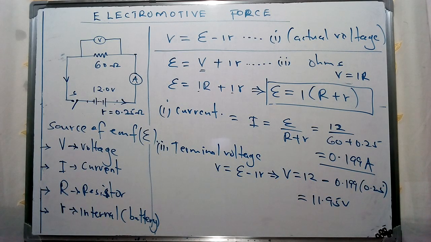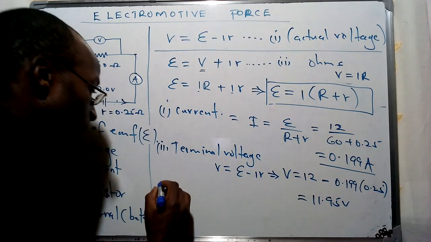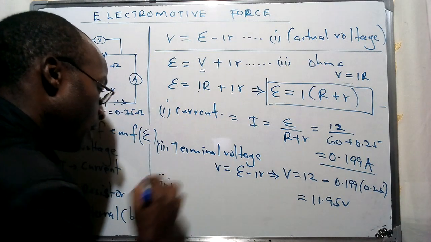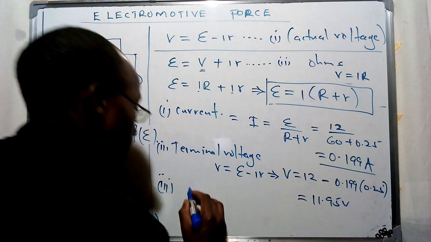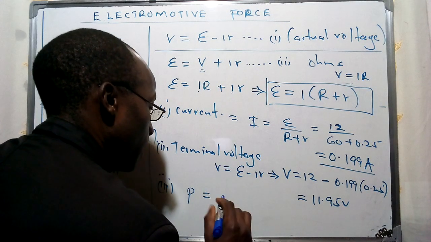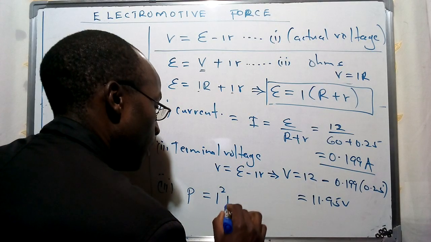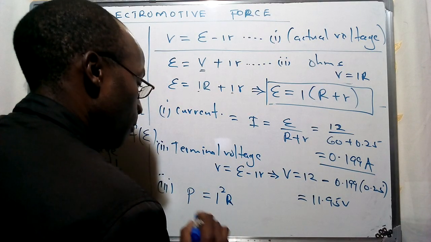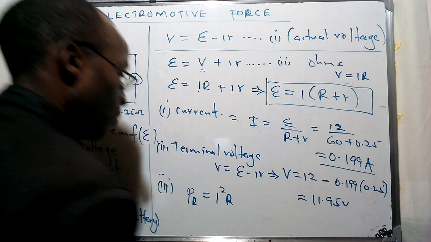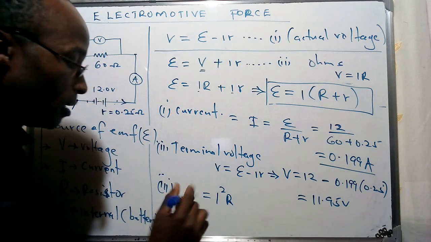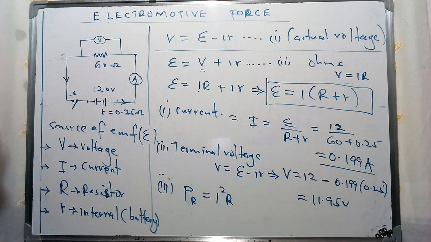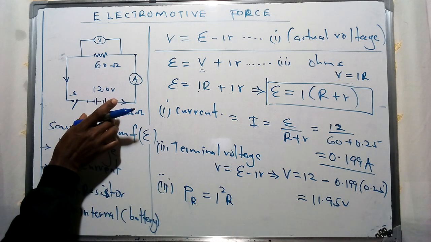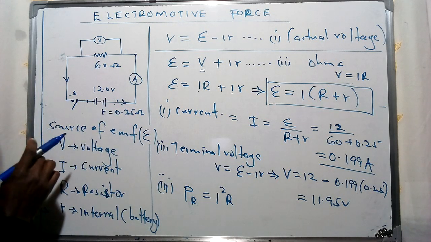Now suppose we are required to find the power dissipated in the resistor R. We can find power using the product of the square of the current and the resistance. So I'm going to put this one as power dissipated in the resistor R. Later on we can find the power dissipated in the source of electromotive force.